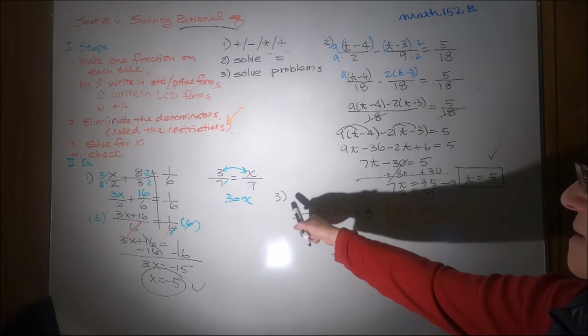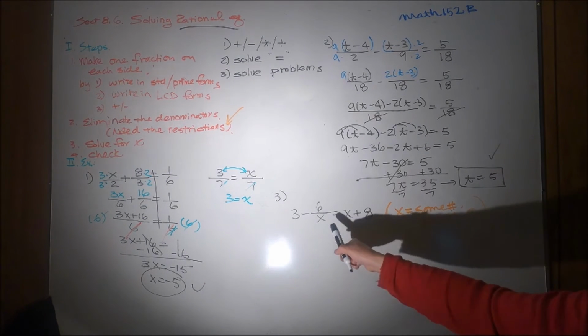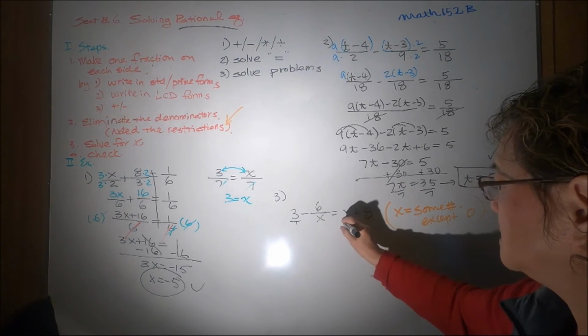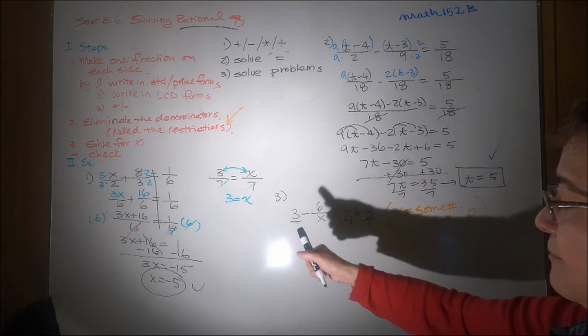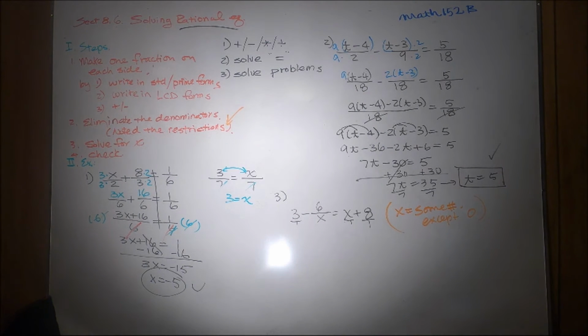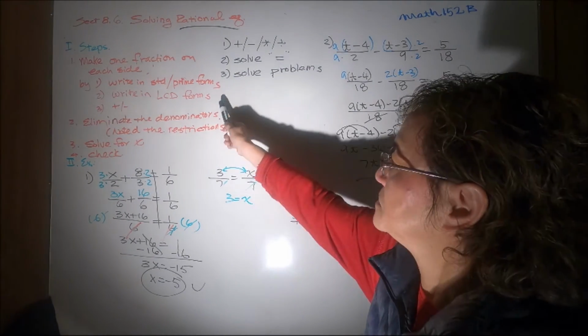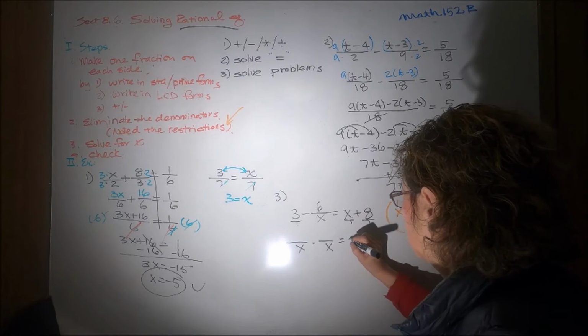Then we want to make a single fraction on this side. So the denominator here is 1, right? What's your LCD for all of them? That would be x. So you write in prime form with LCD, right? For this one, you will write all the x.